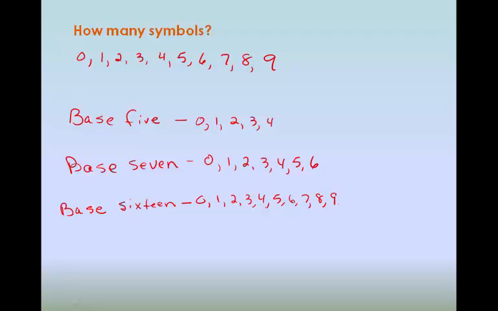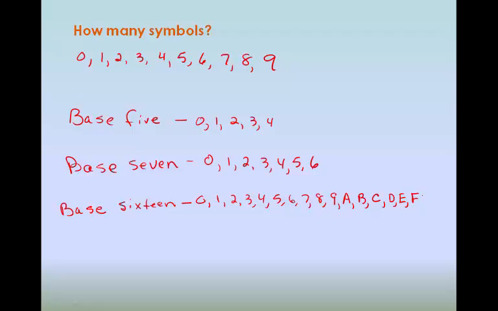So we borrow capital letters from our alphabet to help us with the other symbols, because we need a total of 16. So there's 10, A would make 11, B would make 12, C would make 13, D would make 14, E would make 15, and F would give us a total of 16.